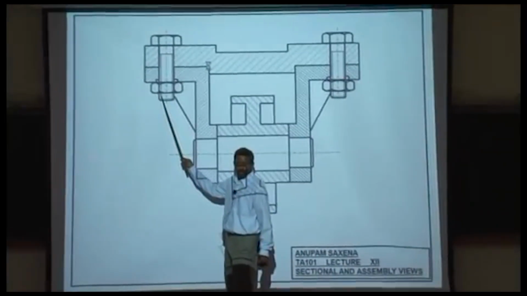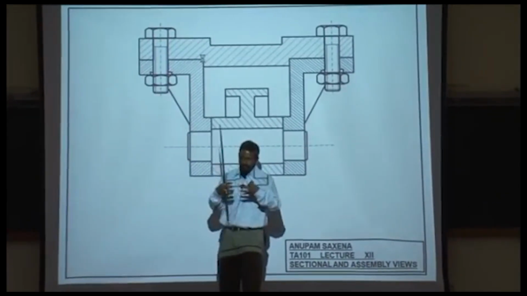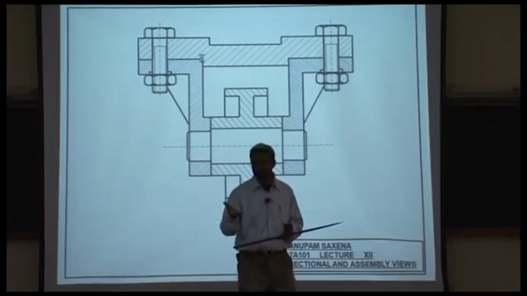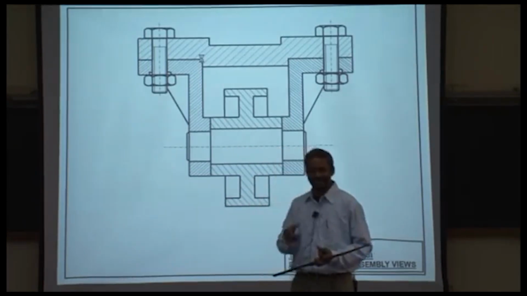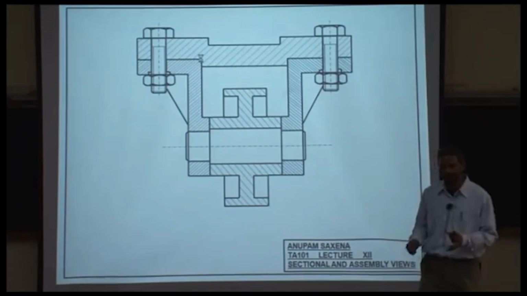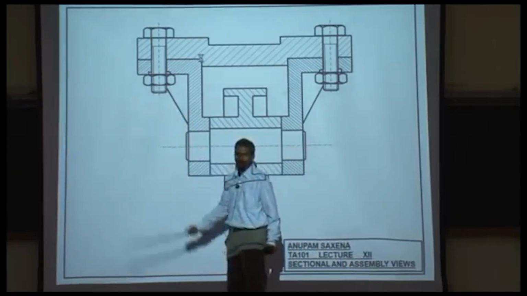The nut and the bolt both have interlocking threads. So the solid line at the outer side and the thin solid line at the inner side both represent the inner as well as the outer threads.